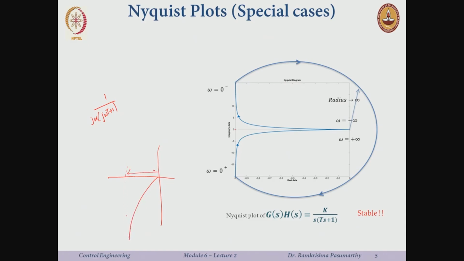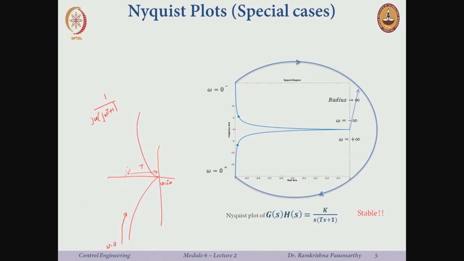At omega equal to 0, I start from infinity, sorry, somewhere here, I go here, and all the way I come back to omega equal to plus infinity. Then for the Nyquist plot, I just take the other frequencies as well, something like this. This is how the plot will look. This is what MATLAB will tell you when you draw these plots, and we derived this last time.